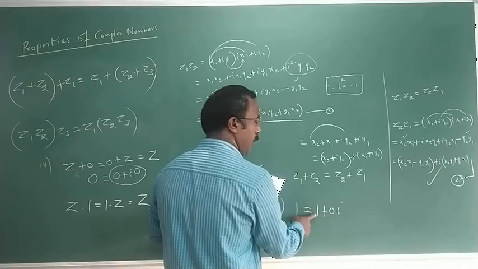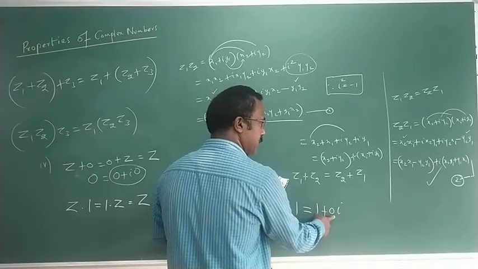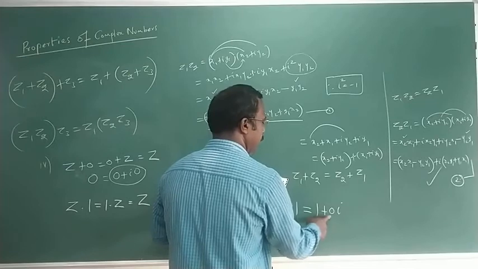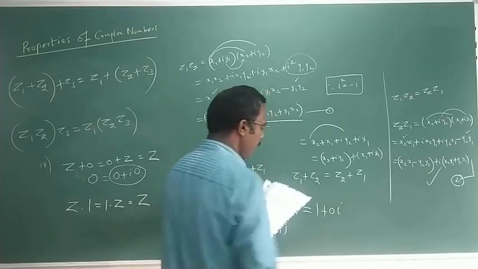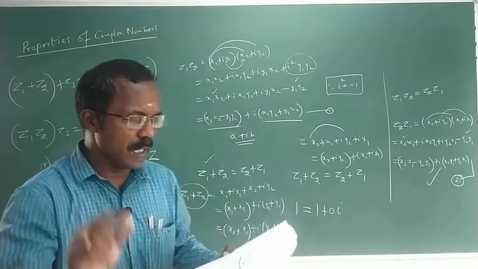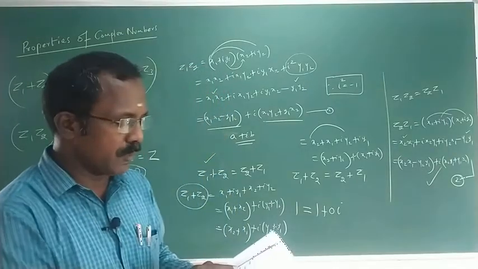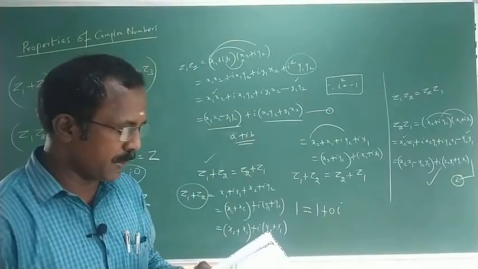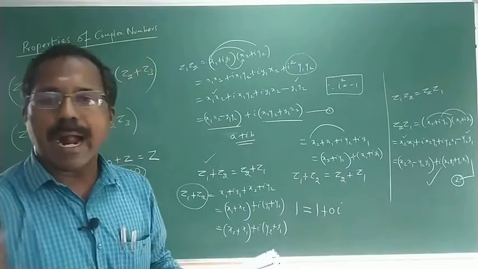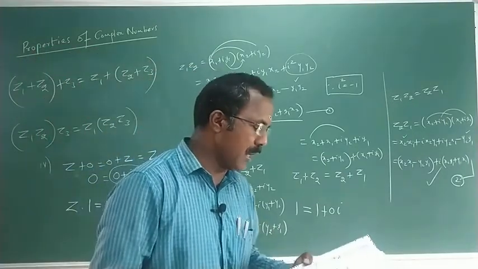That means the real part is 1 and the imaginary part is what? Absent. That is, 1 can be written as 1 plus 0i. This is in the form x plus iy or a plus ib, known as the multiplicative identity. So underline these two properties. Next we are going to see additive inverse.